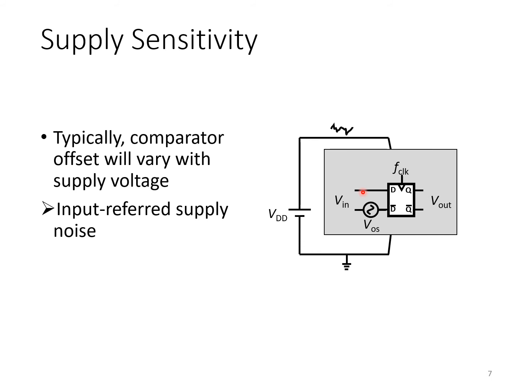In general, as the supply voltage of a comparator bounces around, its decisions may change. So this can be quantified as an input-referred supply noise, and it's a sort of a measure of the power supply rejection of a comparator.